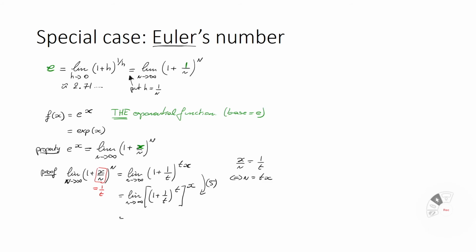And now we use our limit laws, which say that we can take the power out of the limit, and we get the limit of (1 plus 1 over t) to the power t, and that raised to x. And now if you look at what's in the brackets here, we have the definition of the constant e. So here we get e to the power x.